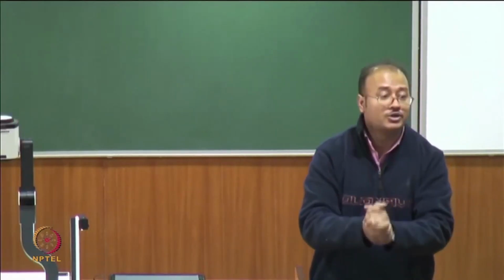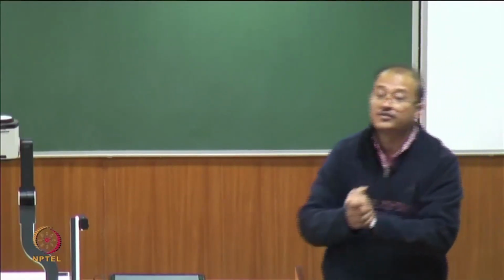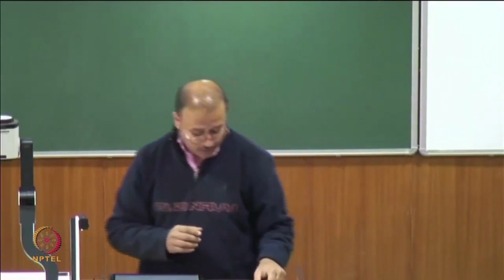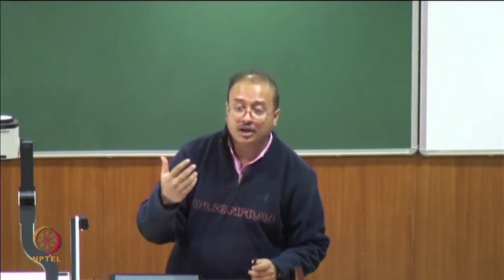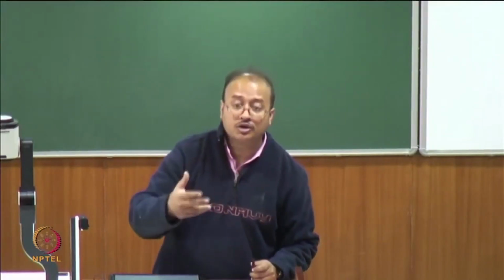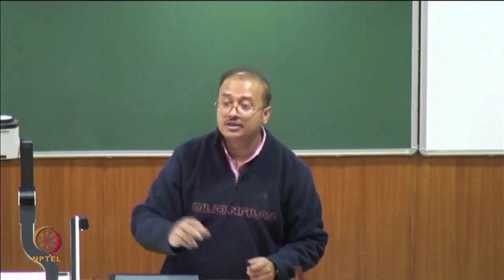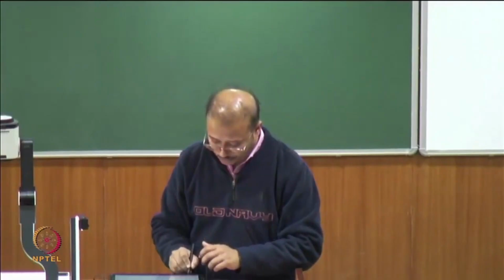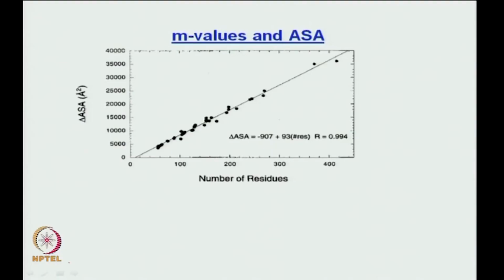That means delta Cp is also inherently related with your accessible surface area. Because the more hydrophobic residues you expose, the more water ordering you have, and those are the water orders you have to break, increasing the delta Cp. So, look at this plot. This is a plot of your accessible surface area against the number of residues in a given protein.